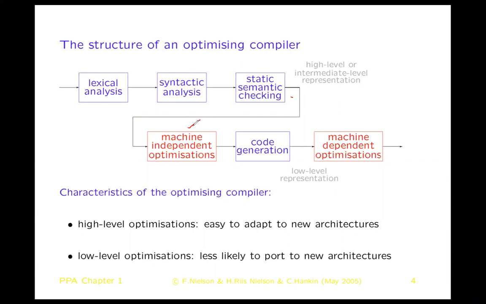After machine-independent optimizations are done, code generation will be done, and then target machine-dependent optimizations will also be performed. By and large, we will be seeing only machine-independent optimizations in this course, and maybe one or two machine-dependent optimizations later on.